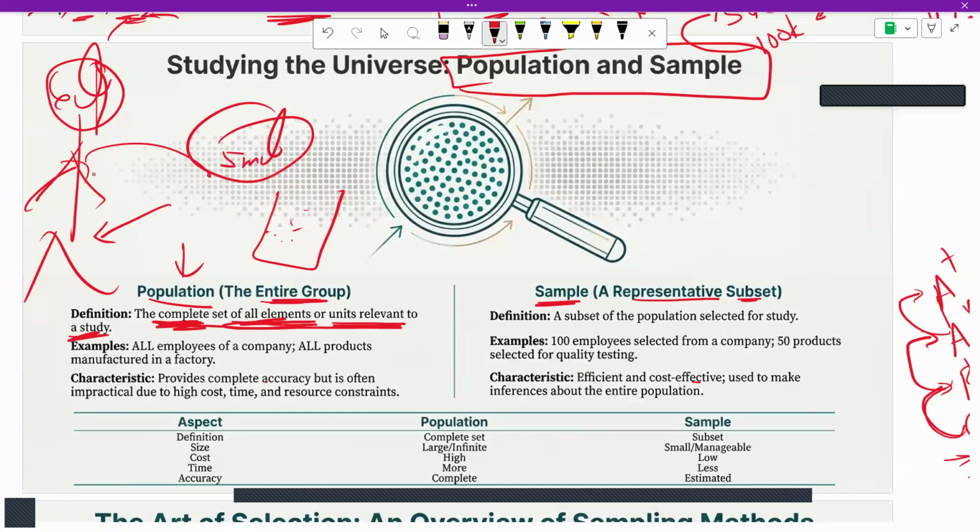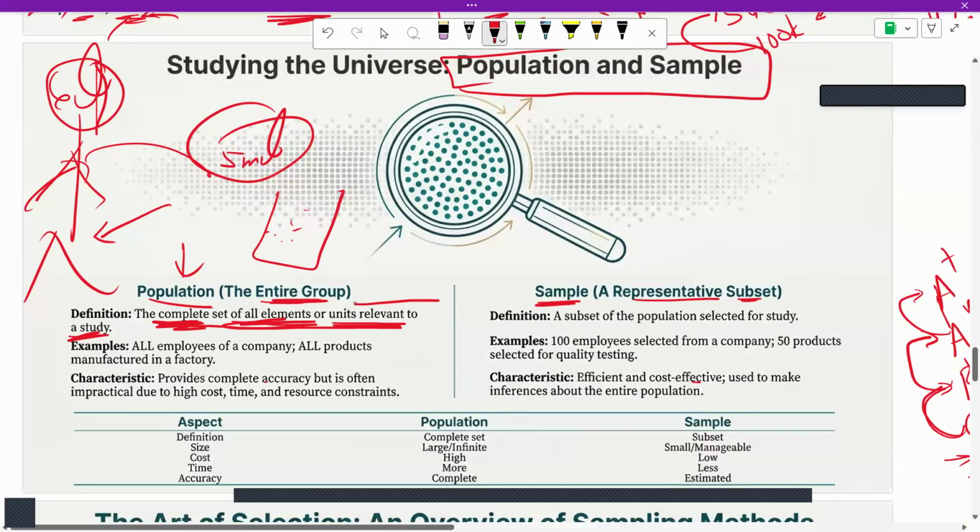Or if you are going to study class attendance of first year students of the Southeastern University of Sri Lanka, Faculty of Management, Department of Commerce, then all commerce first year students are your population. So that's why relevance to the study is very important.